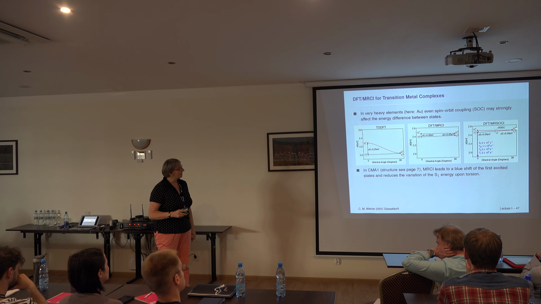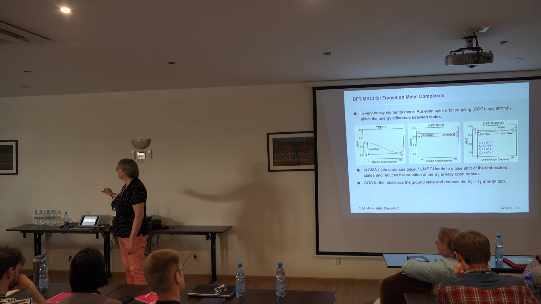And then when we include spin-orbit coupling, in this case here, you already see a blue shift. And you shift a little bit further, and also the states come closer. And of course, only if you include spin-orbit coupling, you can calculate phosphorescence rates and inter-system crossing. So in this case, even the spin-orbit coupling changes the singlet-triplet gap.